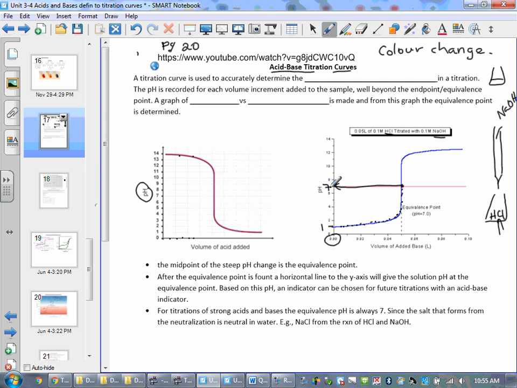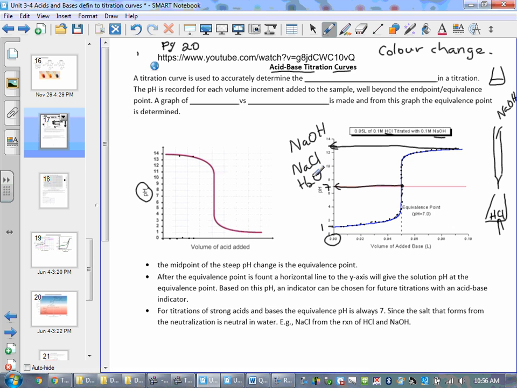We keep going now, and we're adding more base in here. Does it make sense that our pH would be climbing? Yeah. And now we've got strong base in here, and that's kind of the end where we've added our strong base. So there's just mostly sodium hydroxide, and then our neutral salt, sodium chloride that we've made, and a lot of water.